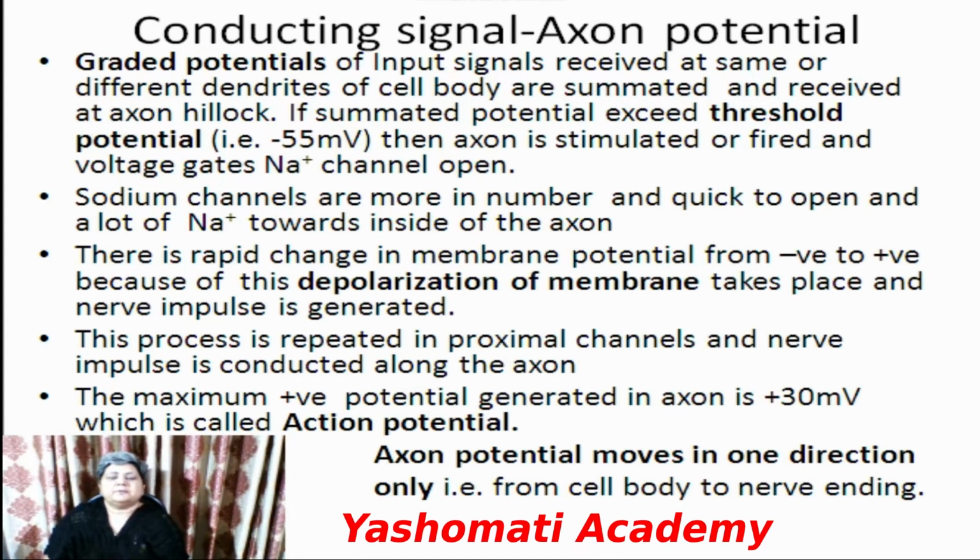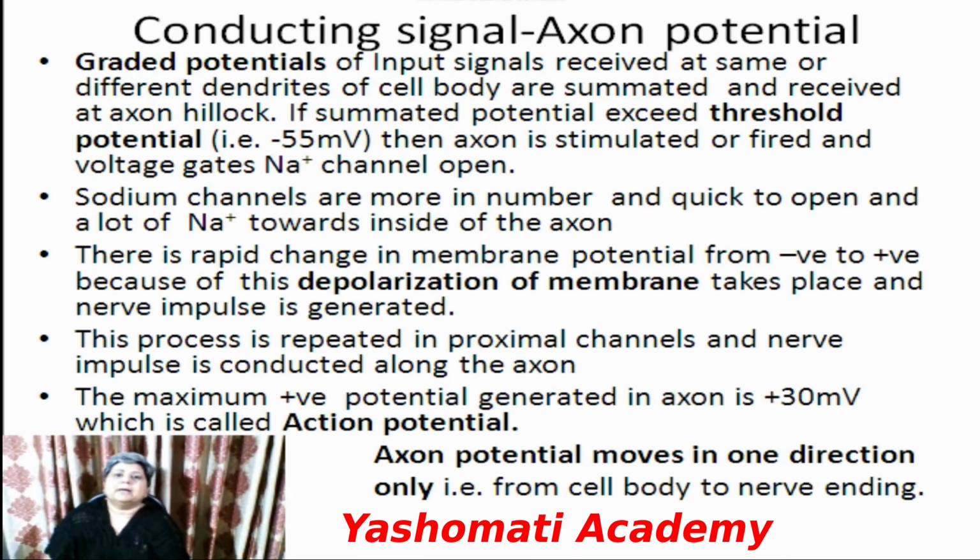But something different happens if the sum total of all potential differences taken up by different dendrites present on the same cell body, at the axon hillock, is up to minus 55 millivolt, then the axon gets fired.